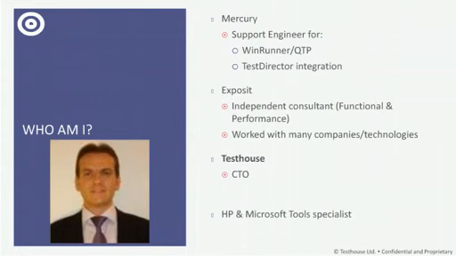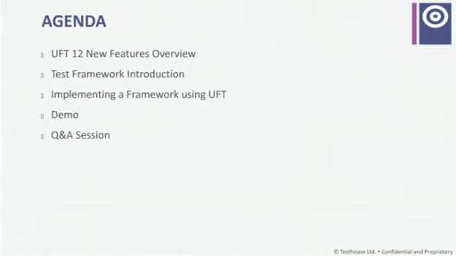So let's get started. The agenda for this afternoon: we're going to briefly look at the UFT 12 new features. Actually, we'll look at the UFT new features, so it also covers 11.5. Once we've gone over this, we will look at test frameworks, what they are, and a brief introduction of why we should have one when we do test automation.